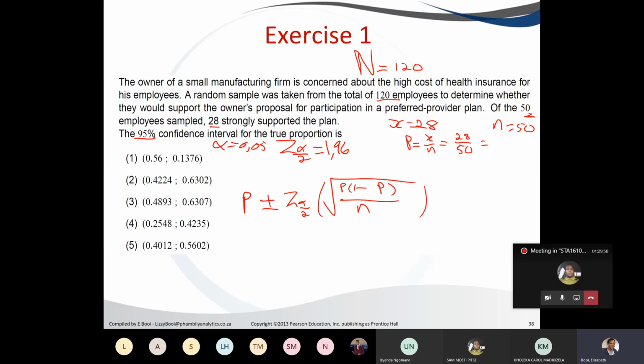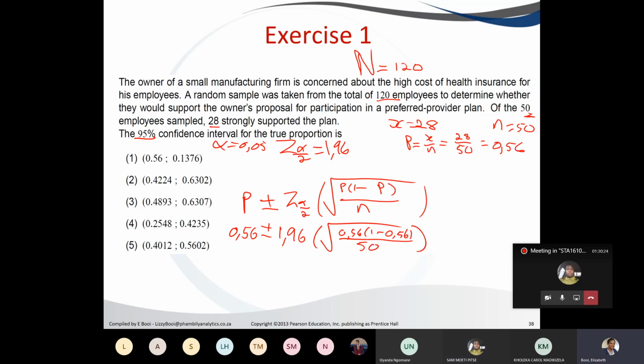I don't have a calculator. Please calculate. 0.56. So this will be 0.56 plus or minus 1.96, my critical value, times the square root of 0.56 times 1 minus 0.56, divided by n of 50.